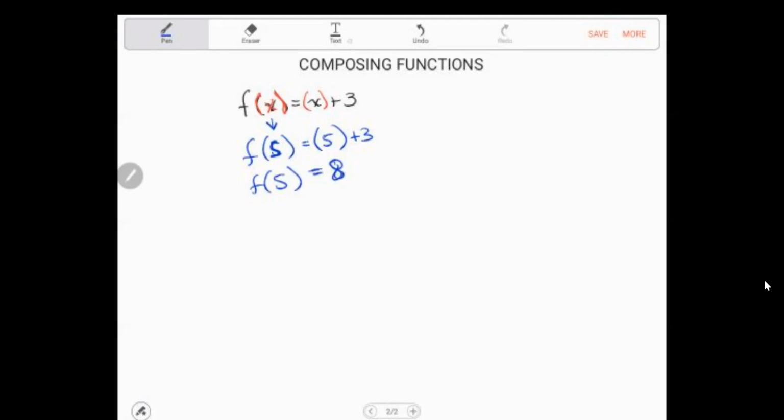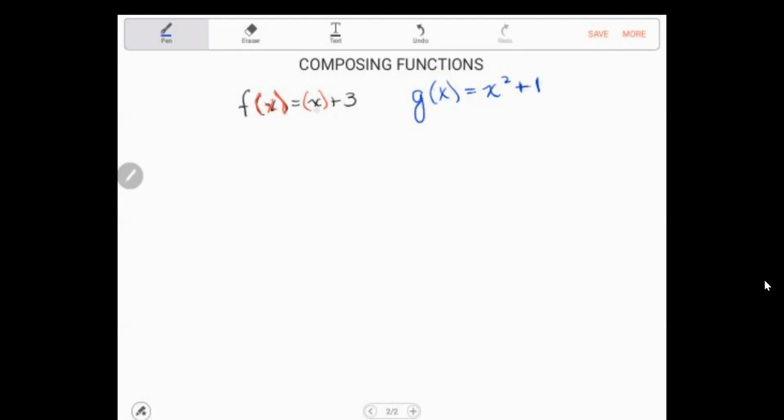All right, so let's stick with this. And now I'm going to introduce another function. This one's called g. So this is function g, and function g is going to be x squared plus 1.